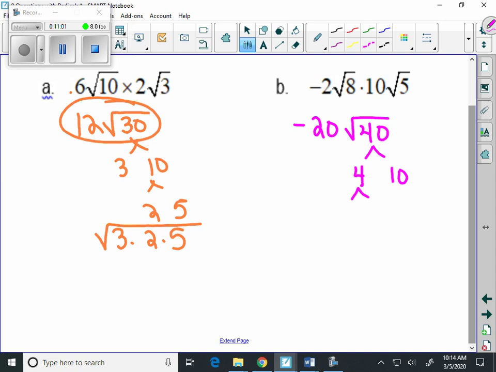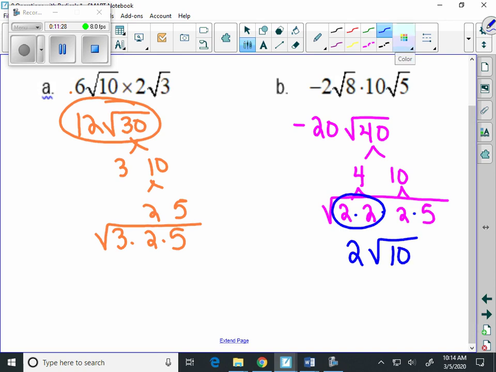And then 4 is 2 times 2, and 10 is 2 times 5. What we're looking for is 2 of the same value to take out 1. So we're going to take out a 2 here. What we have left underneath the radical, also known as the radicand, is 2 times 5, which is 10.